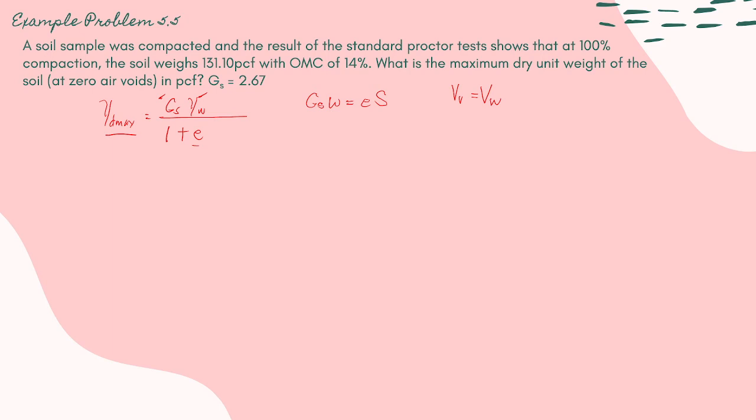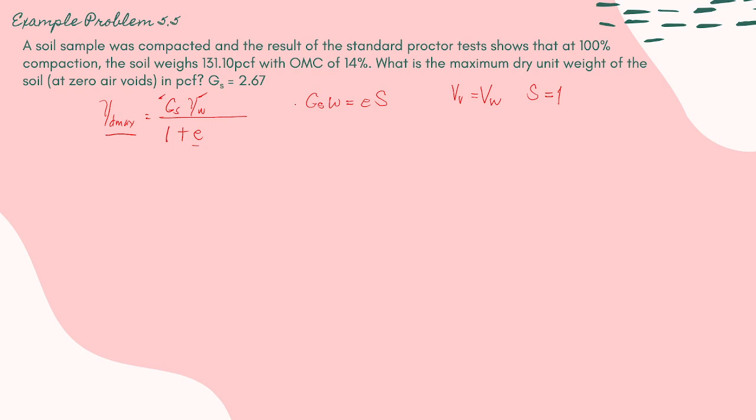Since it is zero air voids, that means there is no air in the spaces. So all spaces are filled with water. Therefore, our degree of saturation is equal to 1.